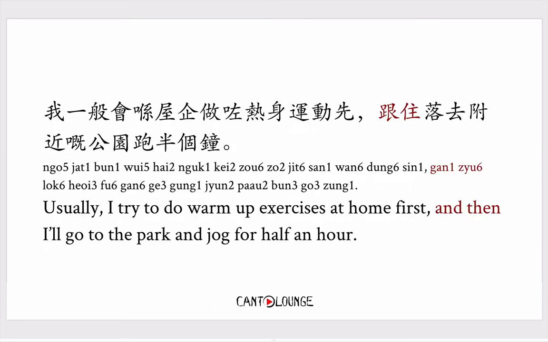So for example, 我一般會喺屋企做咗熱身運動先，跟住落去附近嘅公園跑半個鐘。So I 一般 usually 會喺屋企 at home 做咗熱身運動先, so do warm-up exercises first, 跟住落去 and then, okay, sequence of actions, A, then B, 落去 go down, 附近嘅公園 a park nearby, the park nearby, 跑半個鐘 to run, jog for half an hour.